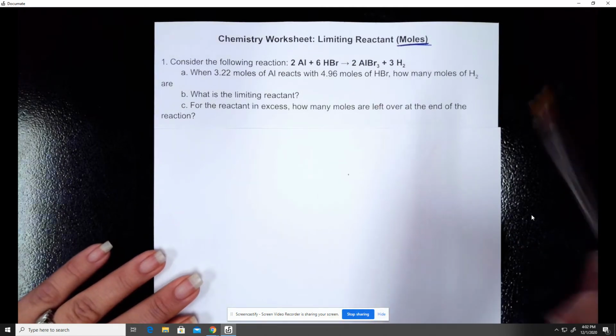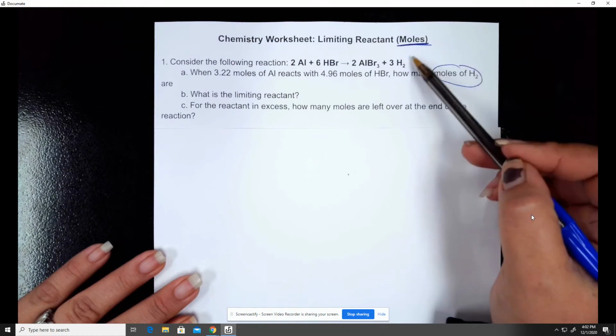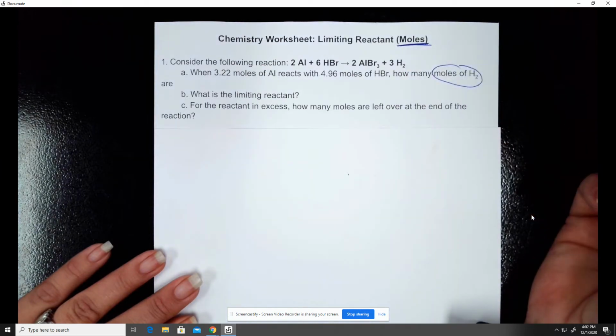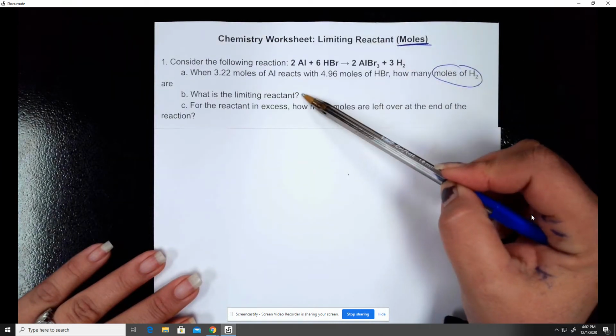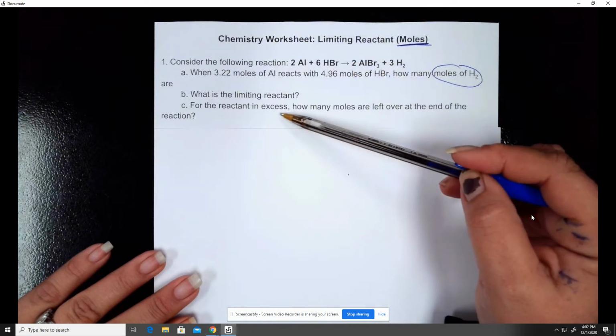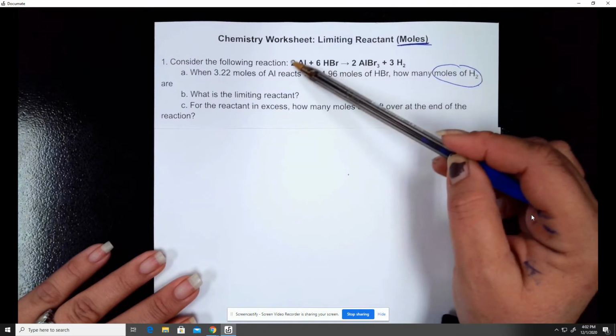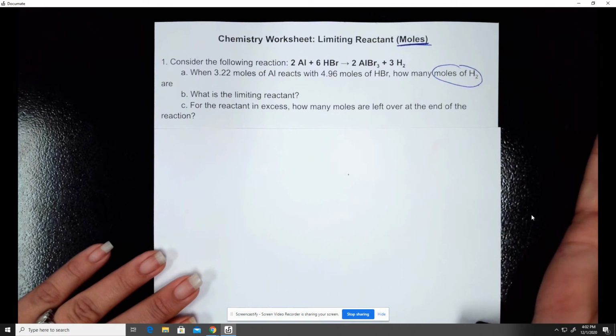And we want to know what is our limiting reactant. And once we know our limiting reactant, we want to look at our excess. Excess is the one reactant on the left-hand side that you're going to have left over. So we want to know how much is going to actually be left over.